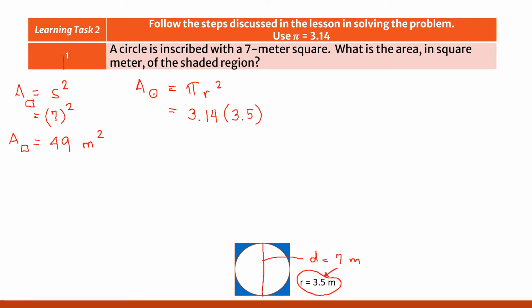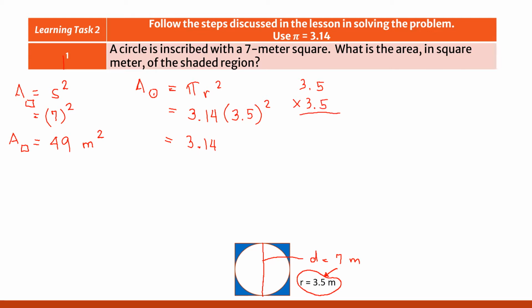So our problem is 3.14 times 3.5 squared. At first, copy 3.14. Now, the question is, what is 3.5 squared? Pag sinabing 3.5 squared, it is 3.5 times 3.5.